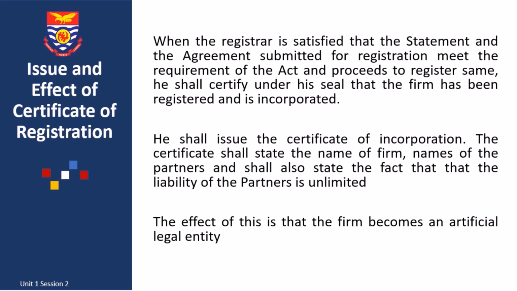The registrar, in issuing the certificate of incorporation, shall state on the certificate the name of the firm, the names of the partners, and also state that the liabilities of the partners is unlimited.